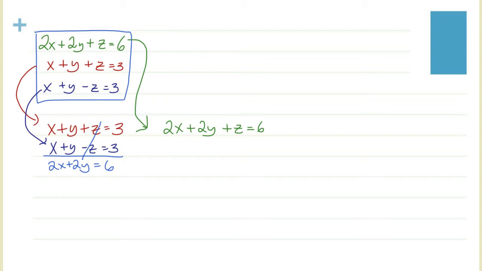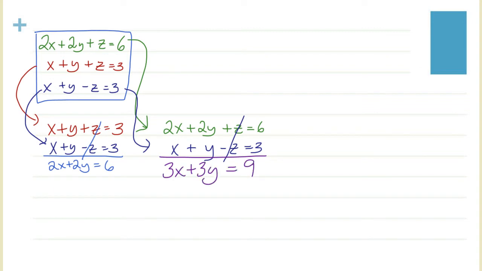And I'm just going to copy my blue one as is, because it'll let my z's drop out. x plus y minus z equals 3. So we've got 3x plus 3y equals 9. All right. Wow, those are pretty equations.